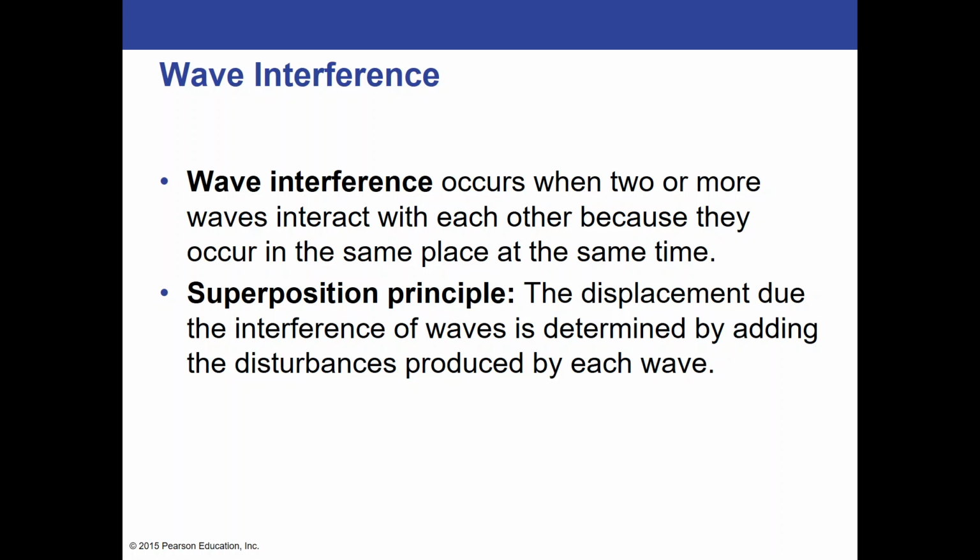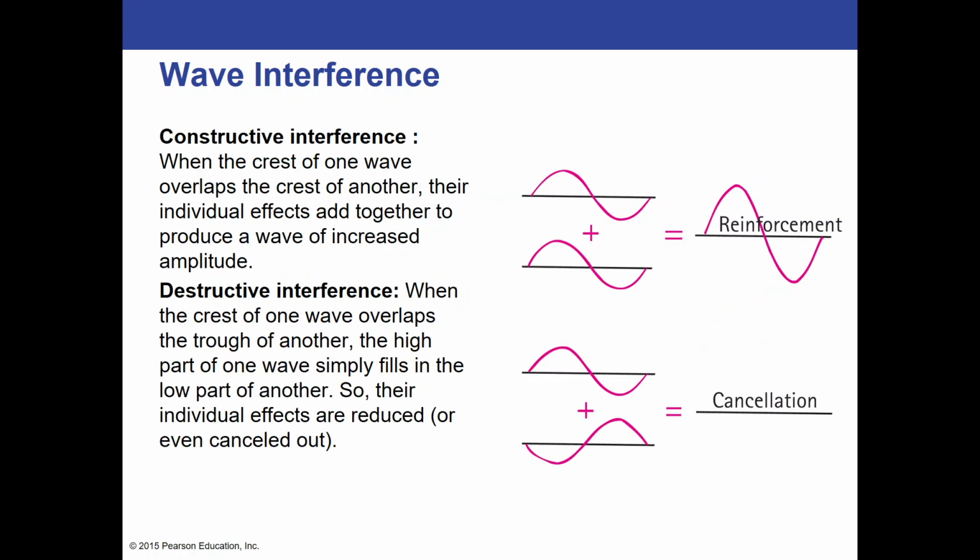Wave interference occurs when two or more waves interact with each other because they occur in the same place at the same time. The displacement or amplitude is just the sum of the two waves. You just add them together. Very simple. Constructive interference is when the crest of one wave overlaps with the crest of another.